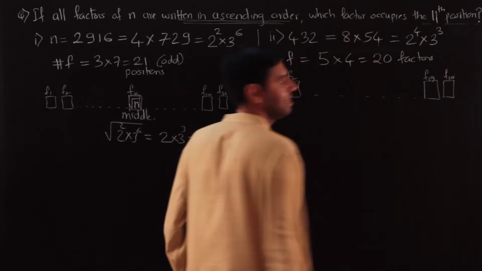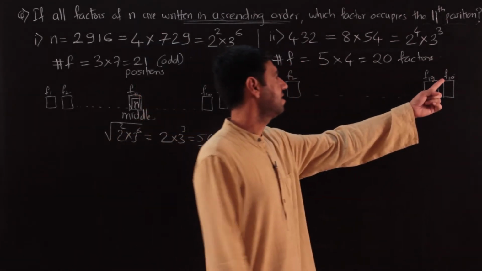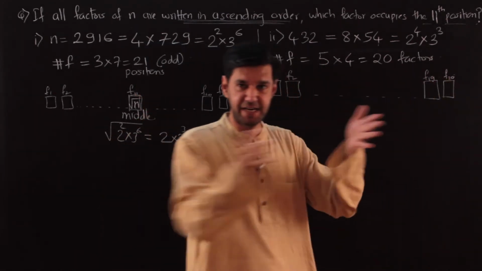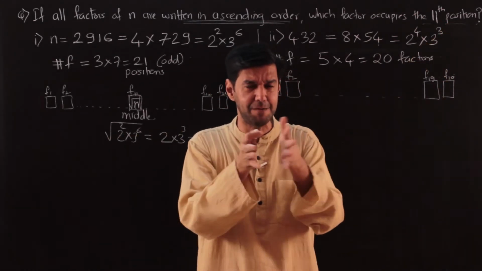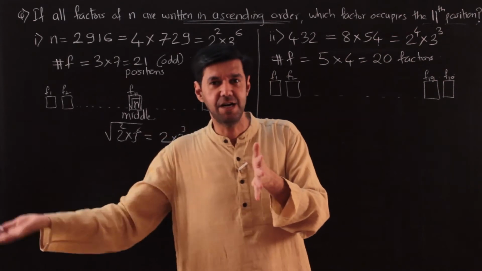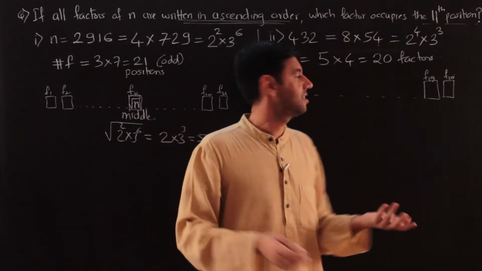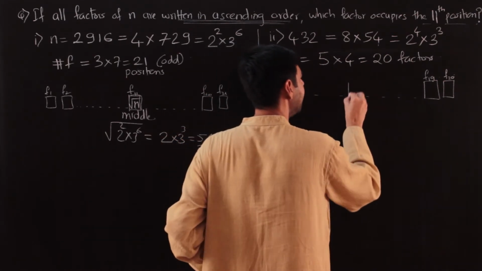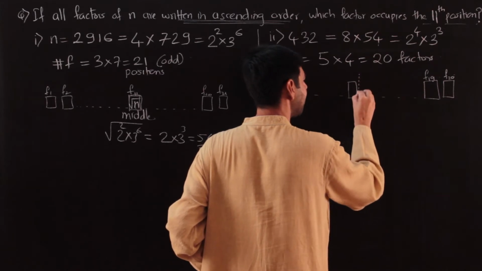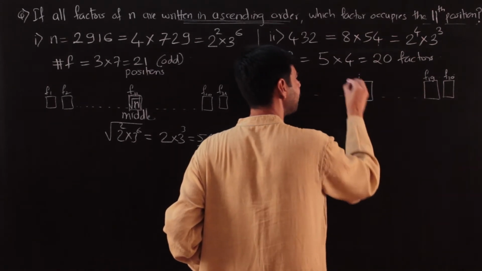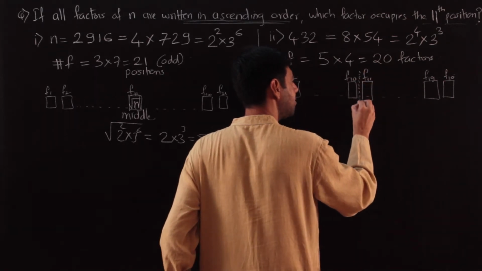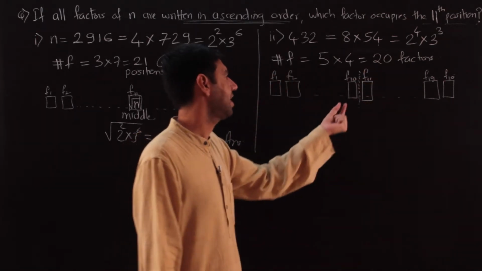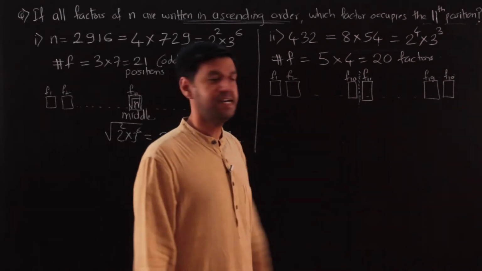Where does the 11th position lie? Now remember, this is 20, which is even. If I try to find the middle of 20, there are 10 on one side, 10 on the other side. There's no unique middle. So the middle will lie somewhere here, between the factor in the 10th position and the factor in the 11th. The middle is this dotted line, but there won't be a factor at that position. 10 and 10, 20.